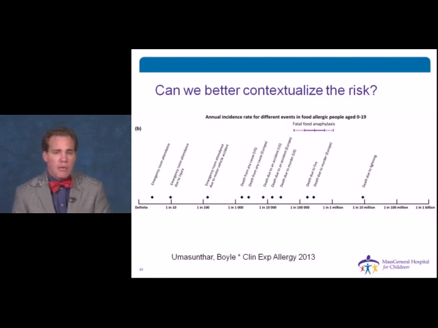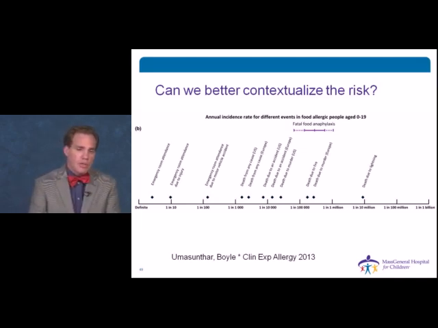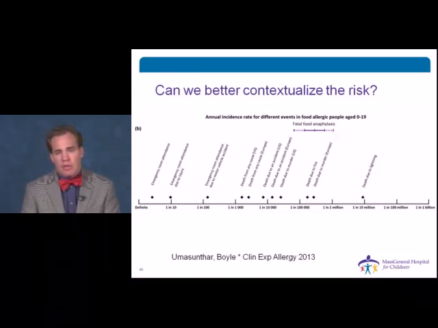Here's a little bit about that risk contextualization. Patients, understandably, are very, very worried about the risks to them if they have a food allergy. This was a very nice study published just in 2013, putting that estimated risk for people who are diagnosed with food allergy into the context of other life accidental and other event risks that we all face all the time.